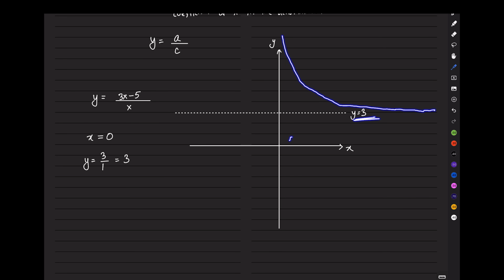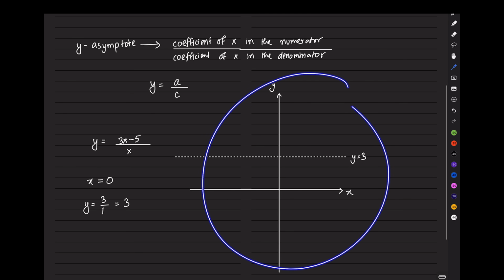And let's say from the bottom, it's going like this. It's never gonna be equal to this particular line, y equals 3. That's basically the meaning of asymptote. It's never gonna be equal to that particular equation. So that's pretty much what you need to know. Always draw the axes and then the asymptote lines.